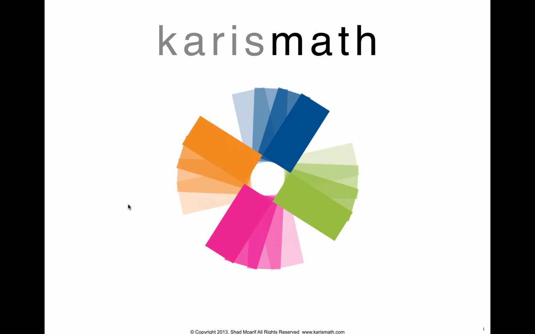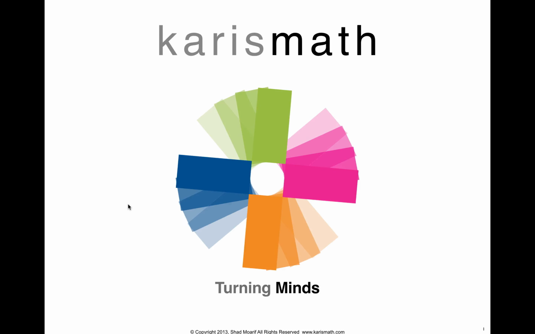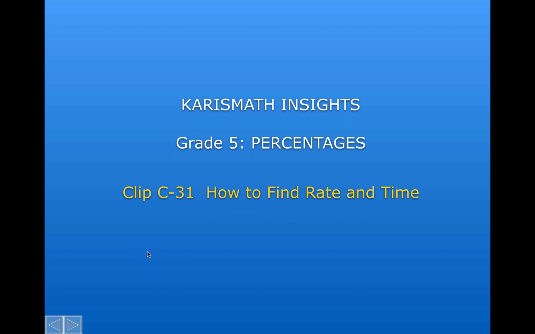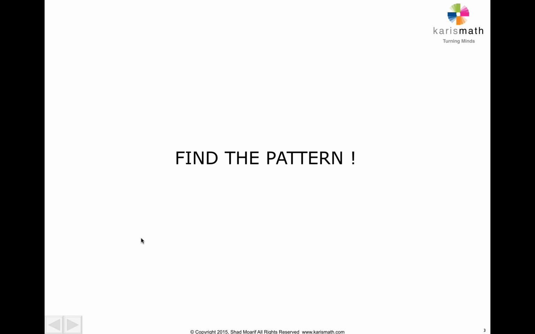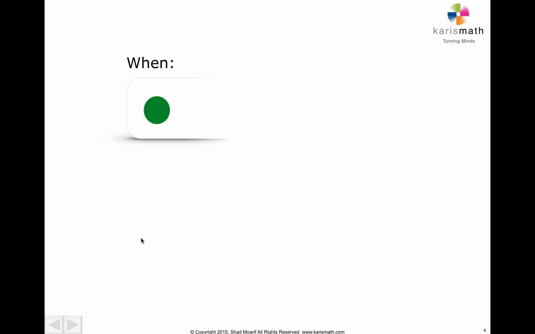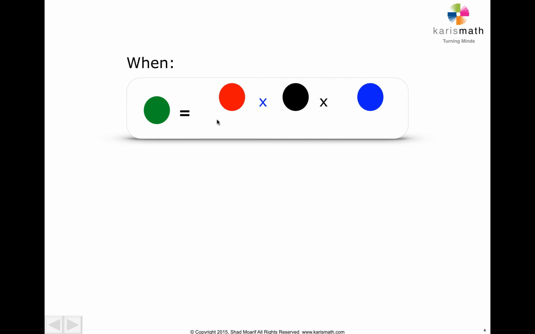Now we practice a little bit more with those color patterns that you looked at with black, red, and green. So we'll just take one quick look at that pattern again. Remember, when green equals interest equals rate times principal times time over 100, then we want to know what the principal was.